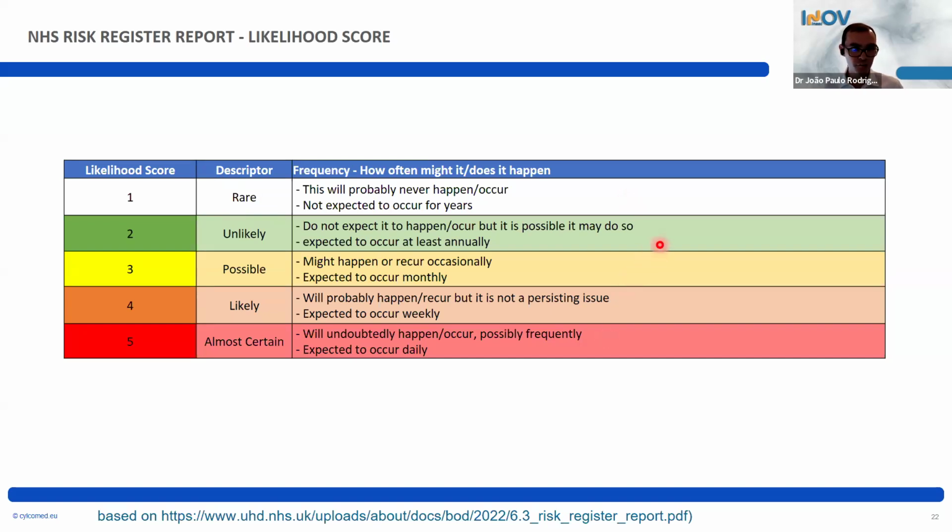Unlikely: do not expect it to happen, expect it to occur at least annually. Possible: might happen or recur occasionally, expected to occur monthly. Likely: will probably happen or recur, but it is not a persistent issue, expected to occur weekly. And we have almost certain: will undoubtedly happen or occur, possibly frequently, and expected to occur daily.